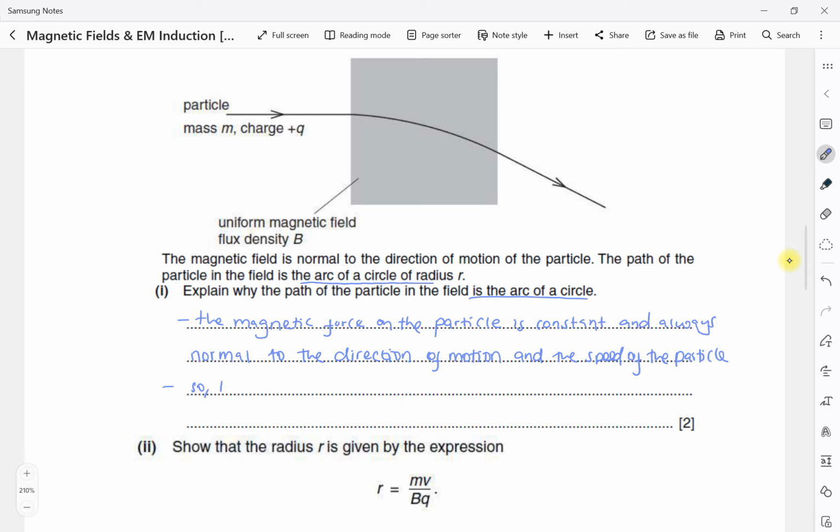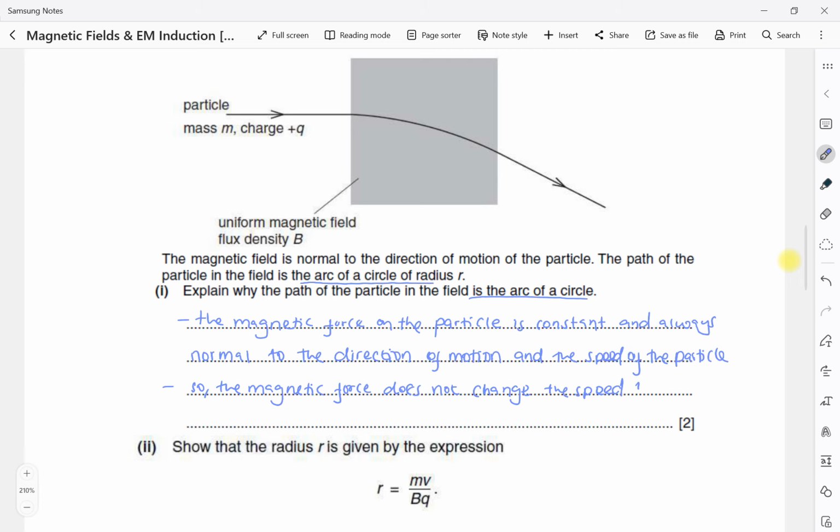So the magnetic force does not change the speed, does not change the kinetic energy, so there is no work done.